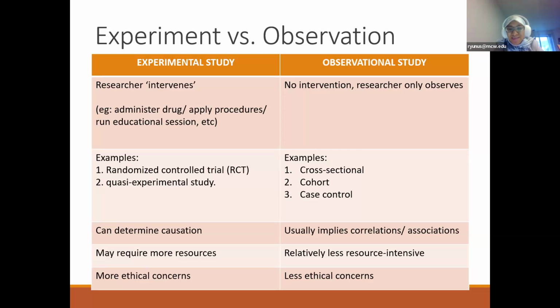Observational study is relatively cheaper and it requires fewer resources, so it's a lot easier to conduct, whereas experimental study requires more resources. And since you are actively intervening and manipulating your independent variable, usually experimental studies come with more ethical concerns as compared to observational study design.